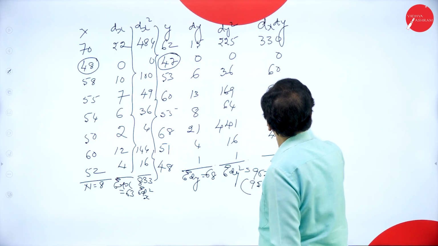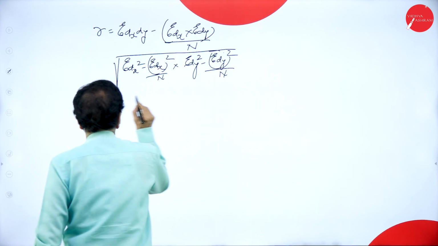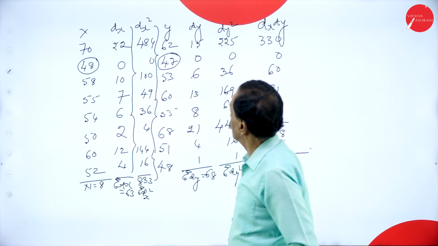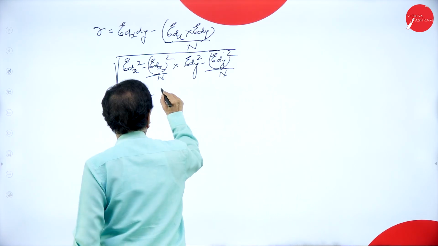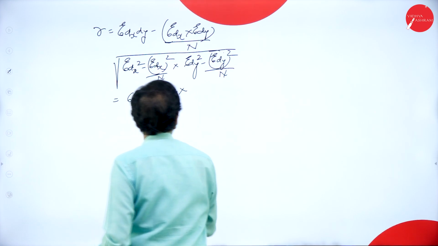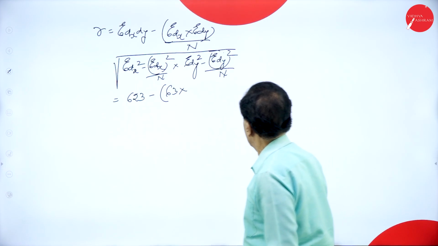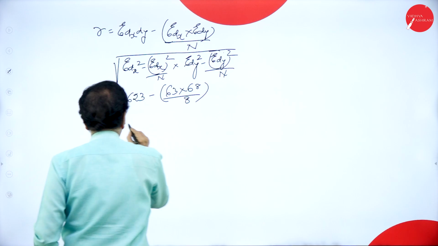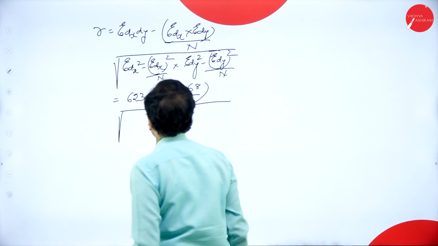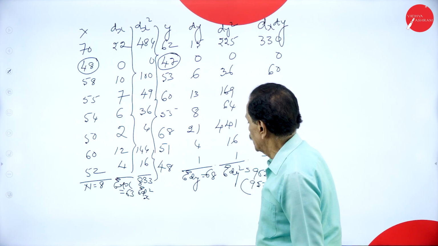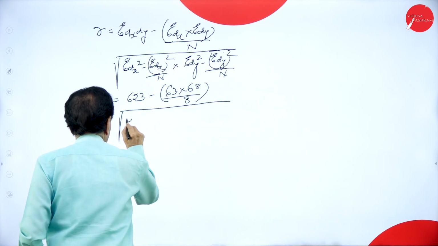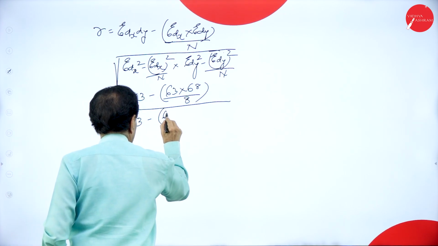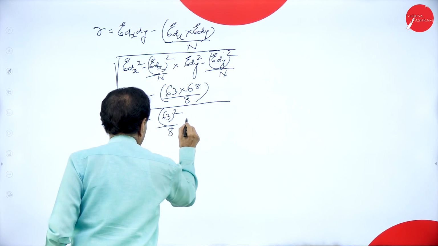Apply. What is sigma dx dy? 623 minus, what is sigma dx? 63, into, what is sigma dy? 68. How many items are there? 8, divided by root of, what is sigma dx square? 833 minus, what is sigma dx? 63 whole square divided by 8.